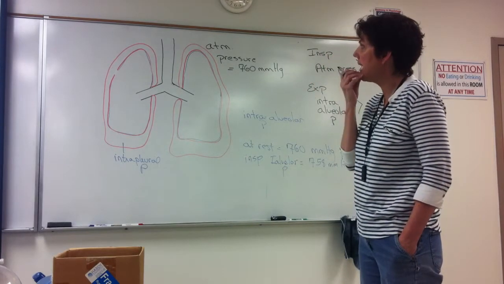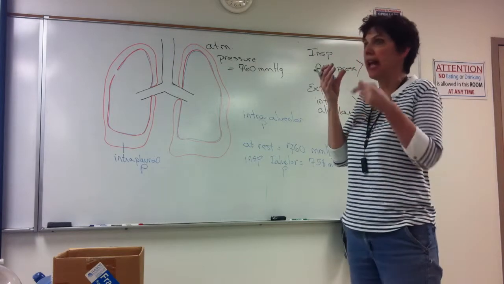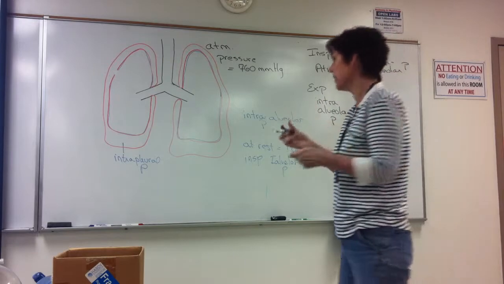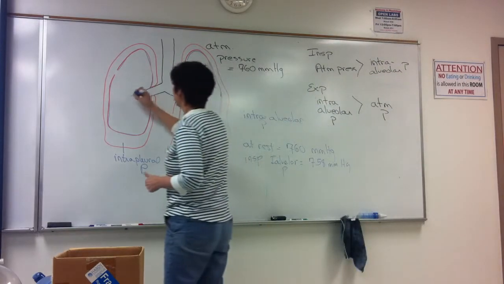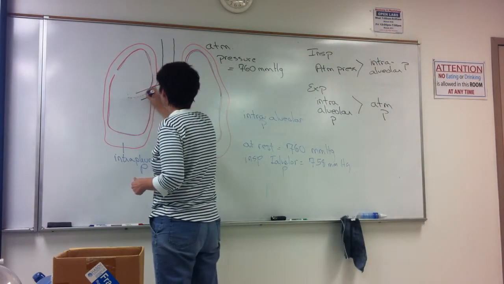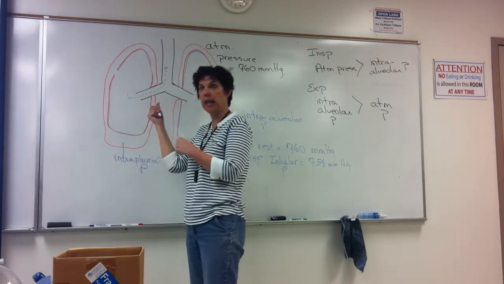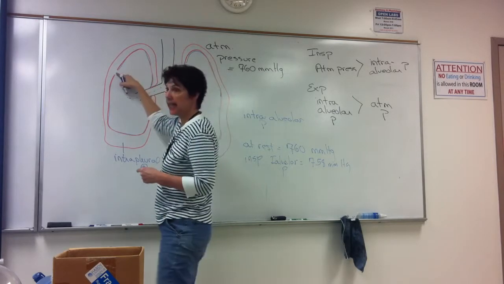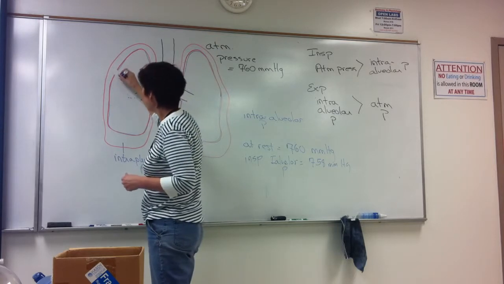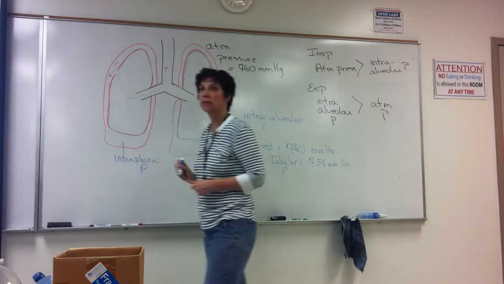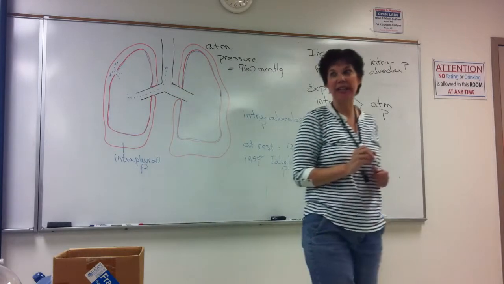And so let's say that when you breathe out, pressure is increasing. Where is that air going to go? Normally, when you breathe out, air is going to go back out because pressure is greater than atmospheric. But now that it has an escape route, air will also go out into the pleural cavity.